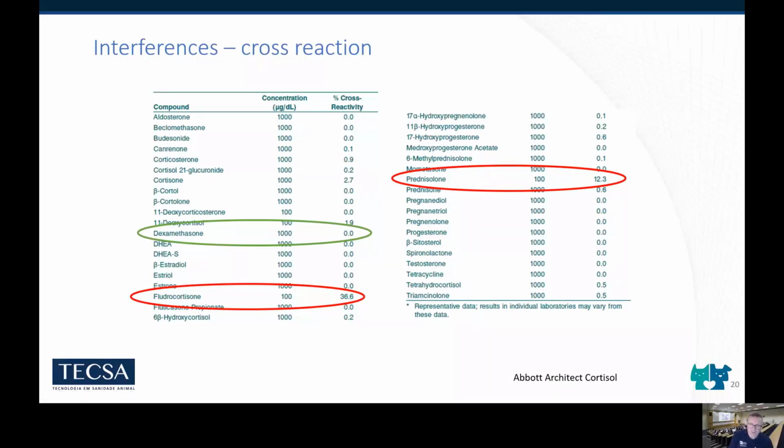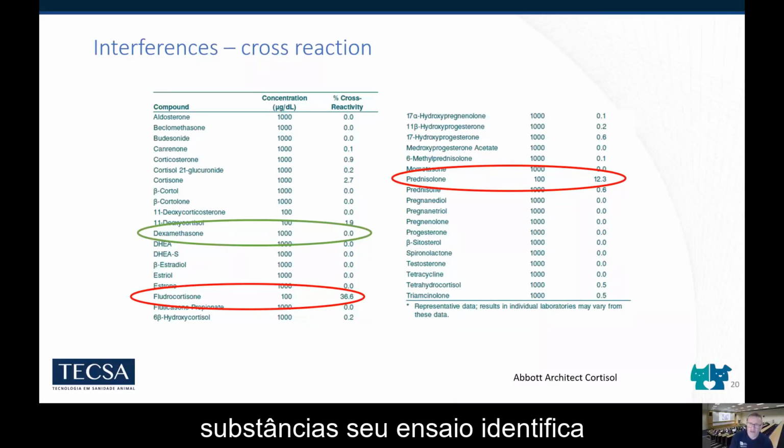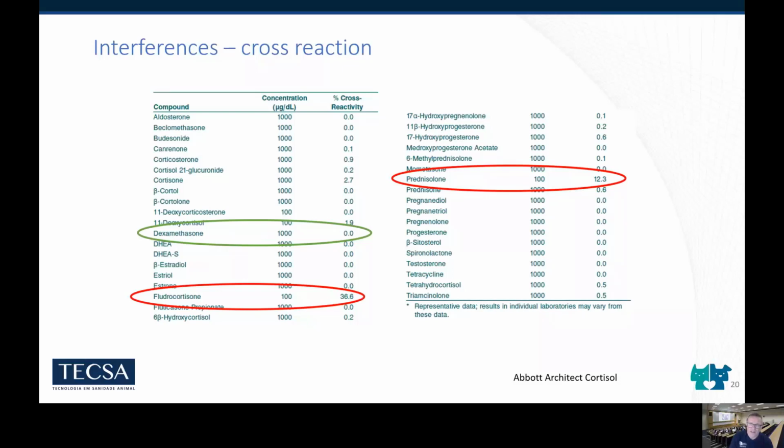So it's important that any manufacturer understands what their assay picks up, and then they're really honest with us. It's also important for clinicians to recognize which of these substances will react in a cortisol assay.